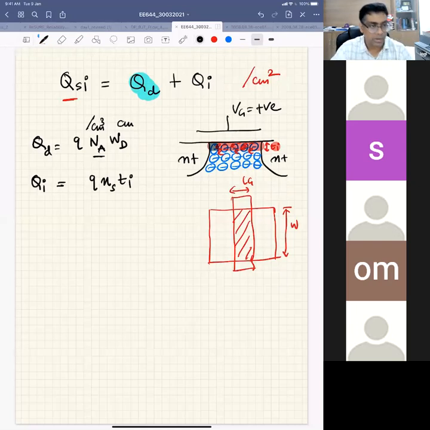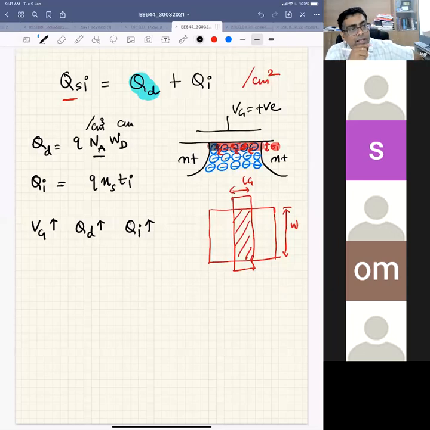When you are increasing your gate voltage, your depletion charge is increasing, and your inversion charge is also increasing. Let's look at the depletion charge: it is Q Na times WD.